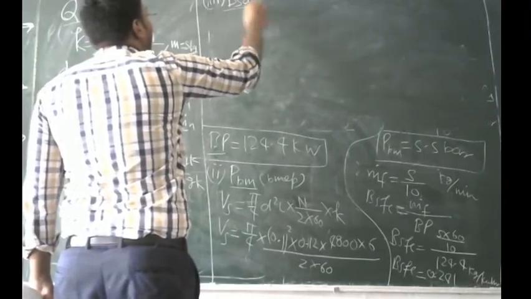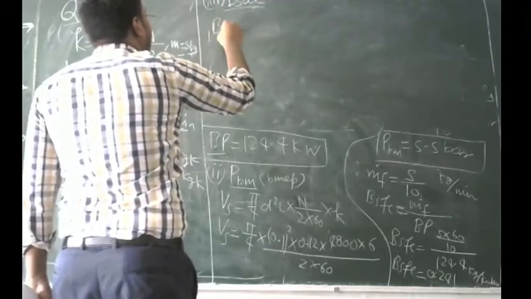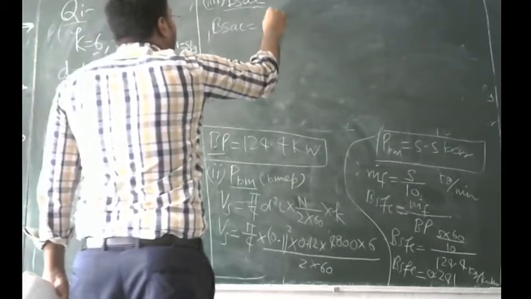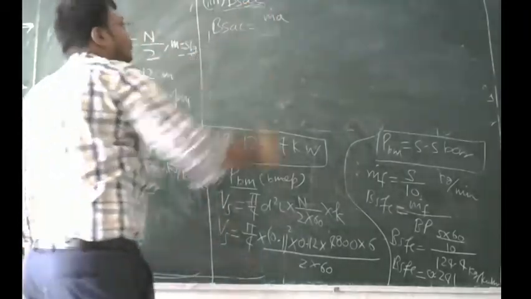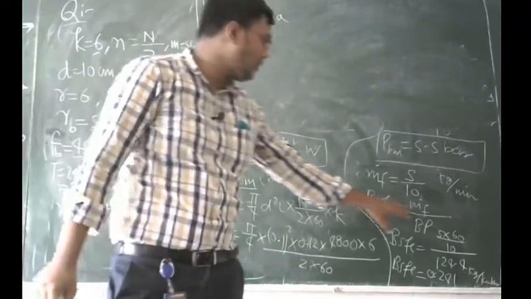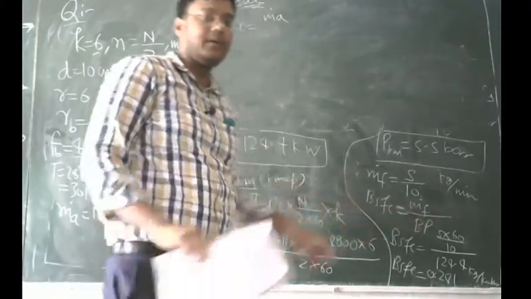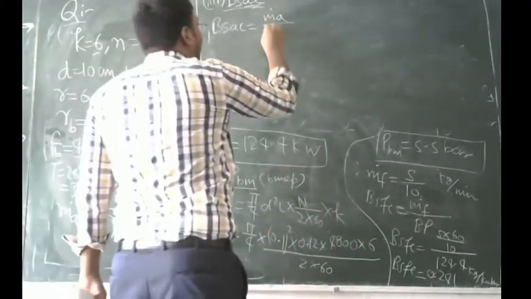BSAC should be equal to mass flow rate of air divided by brake power. Since it is air consumption, in place of mass flow rate of fuel we keep the mass flow rate of air.